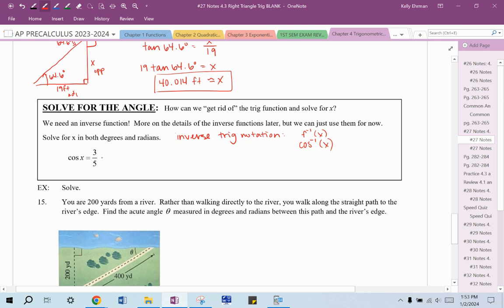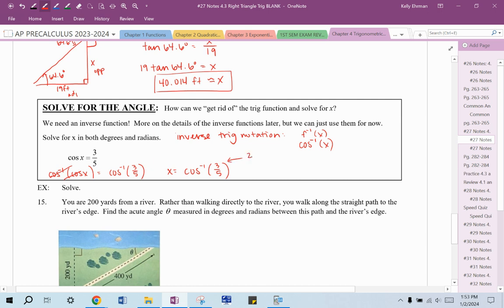Well, if cosine of x equals 3/5, then inverse cosine of cosine x has to equal inverse cosine of 3/5. Taking the inverse cosine of a cosine function cancels it out, and you get x equals whatever the inverse cosine of 3/5 is. Now we need our calculator to figure this one out.